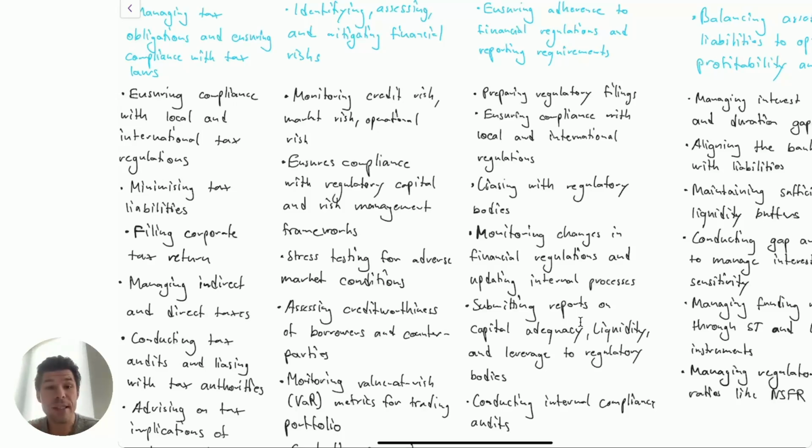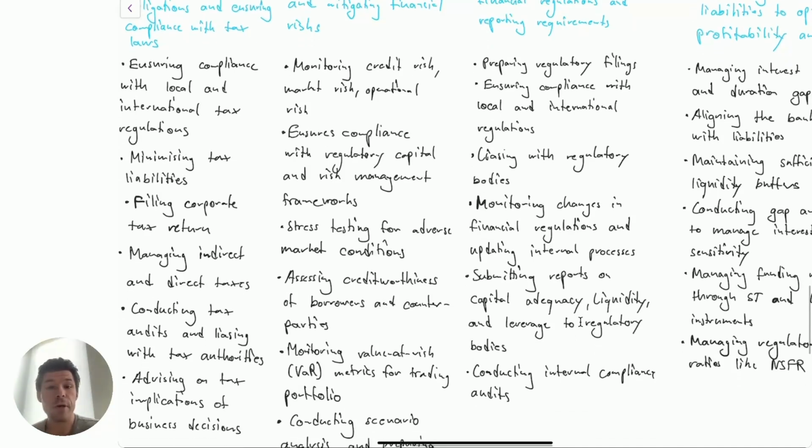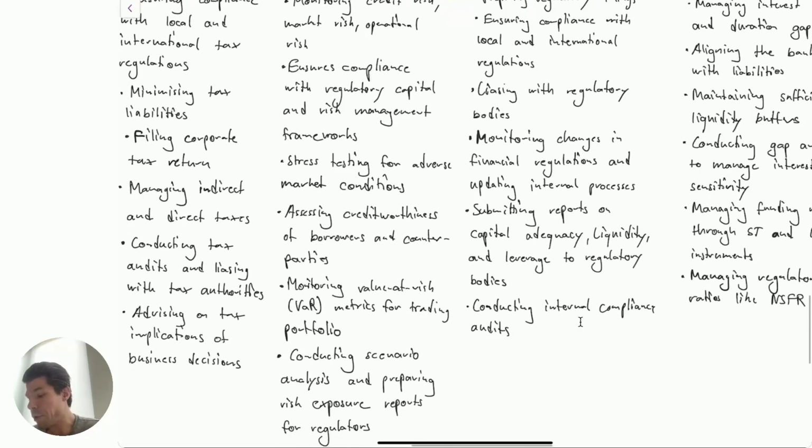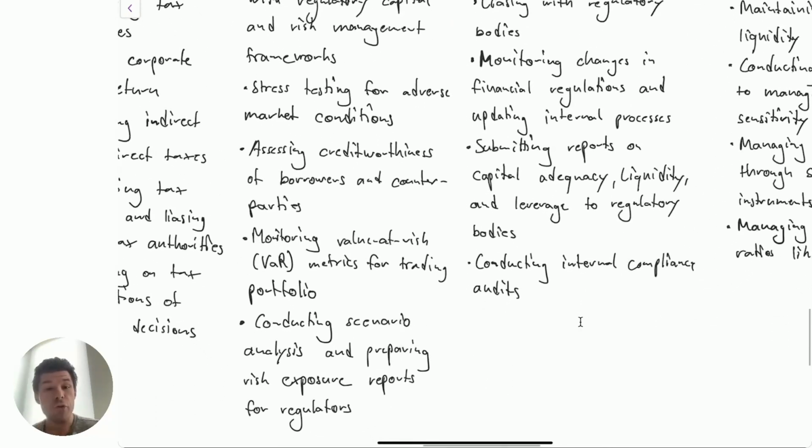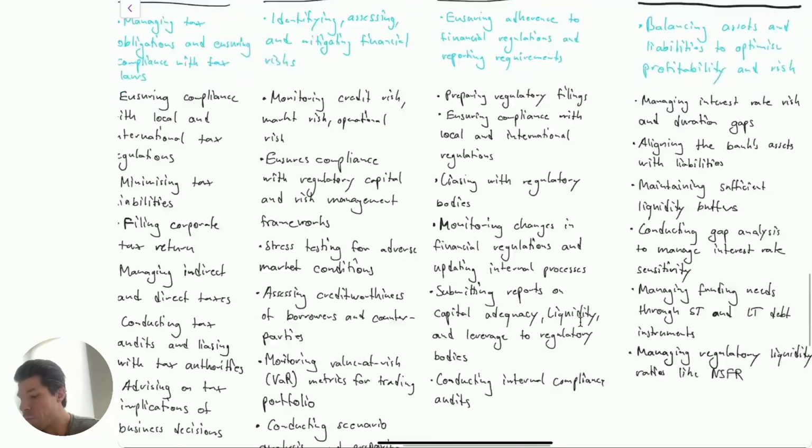It does stress testing for adverse market conditions. It assesses the creditworthiness of borrowers or counterparties, monitors value at risk metrics for trading portfolios, and then it would also conduct scenario analysis and prepare risk exposure reports for regulators.